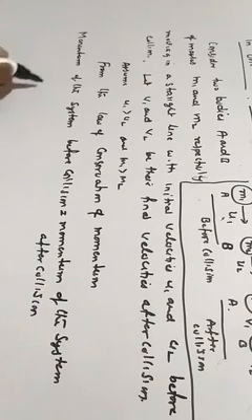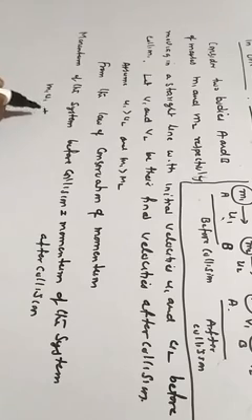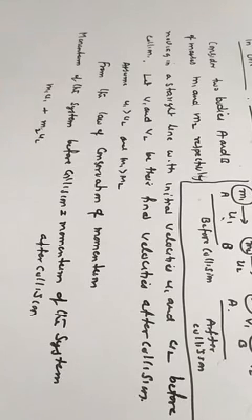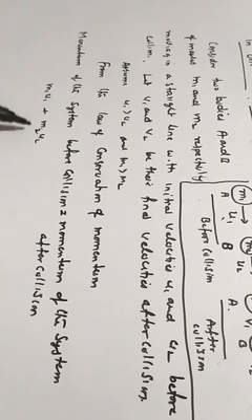So m1 u1 is the momentum of the first body, m2 u2 is the momentum of the second body, body B, in the initial stage, before collision.